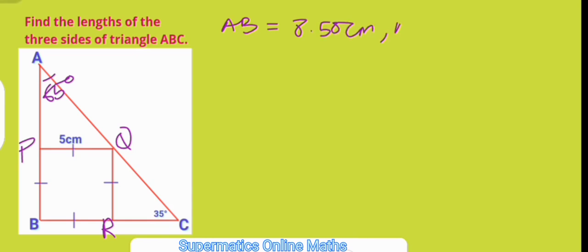Now, having obtained the side AB of the triangle ABC, which is 8.50 centimeters, the side BC of the triangle is also 12.14 centimeters. Then to find the side AC of the triangle ABC, we will apply the Pythagoras Theorem.